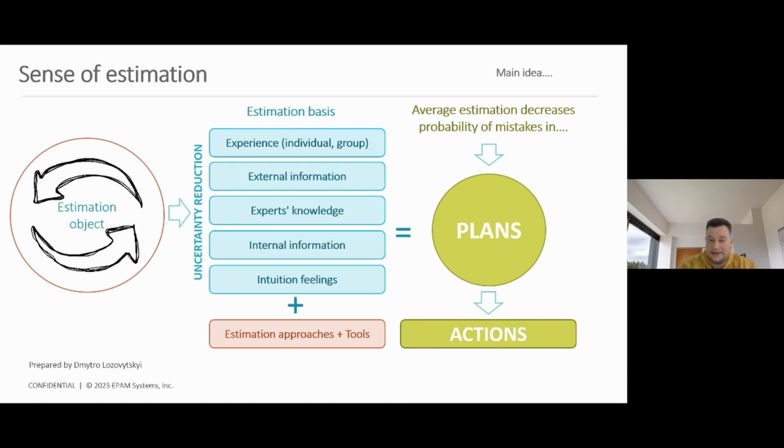But it doesn't mean that we need to use all of them, because in more than 80% of work cases, we need to know maybe 5 or 6. We need to operate with 5 or 6 estimation approaches generally.